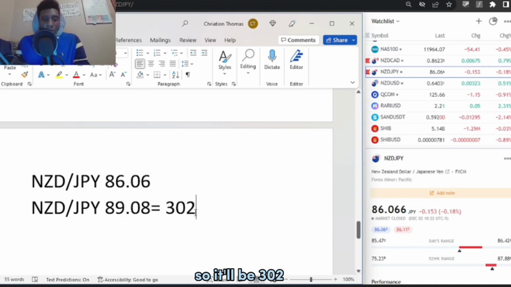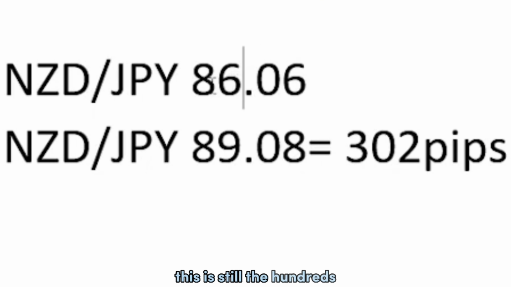So it would be 302 pips. 302. But the reason is because you can go over the decimal when it comes to counting pips, but you want to start here. So this is still the 1, this is still the 10s, this is still the 100s, and this is still the 1000s.